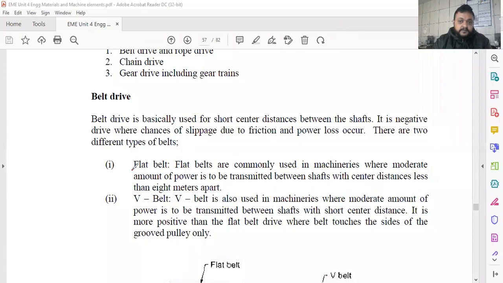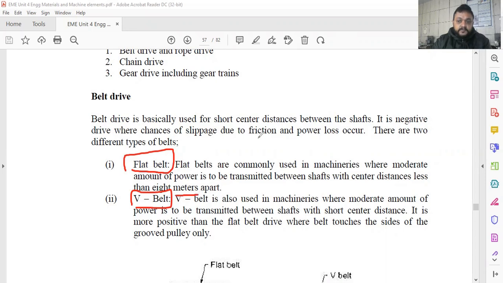So here two types of belts are used in the belt drive: the flat belt and the V belt. The flat belt is the most commonly used machinery element to transmit the power with center distance less than 8 meters.